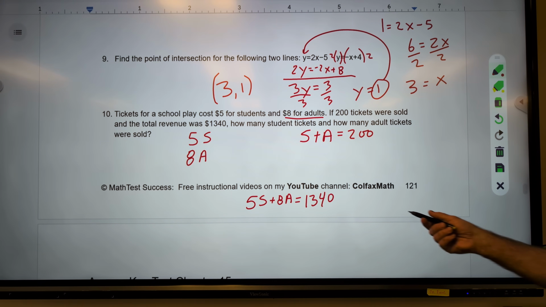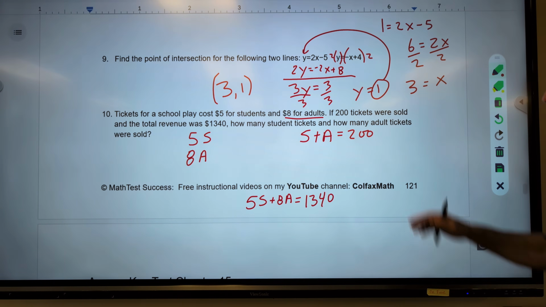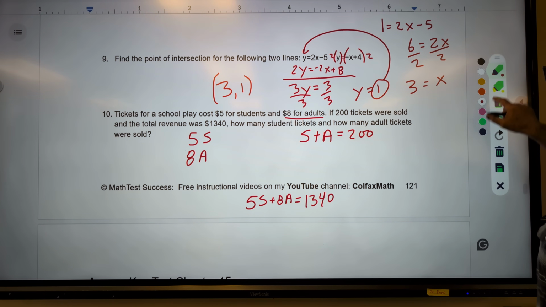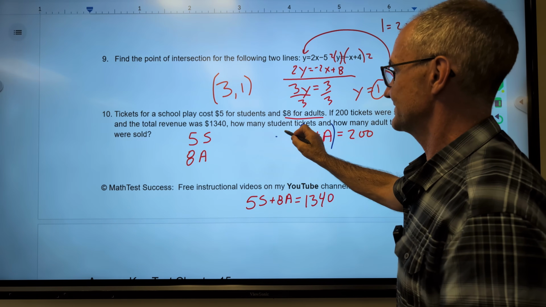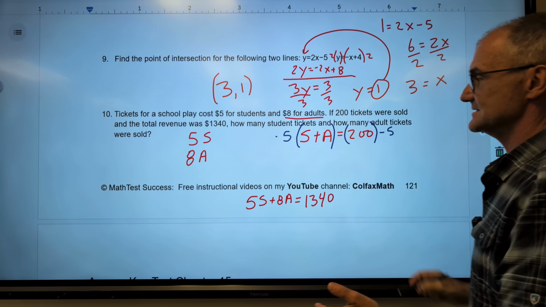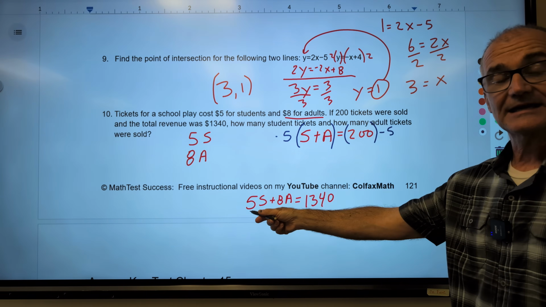So I have this here. I need to solve my system of equations. I could do it graphically or algebraically. I think I'm going to do it algebraically. I'm going to multiply this by -5. A lot of ways to do it, but that's going to give me -5S, canceling with that.